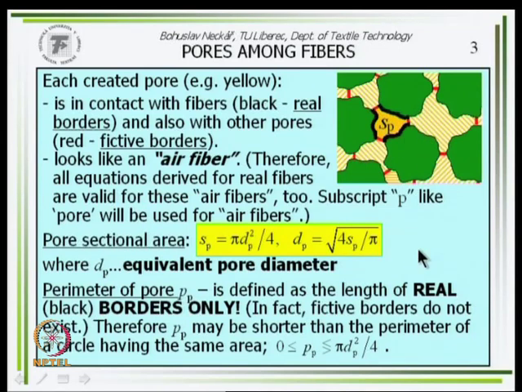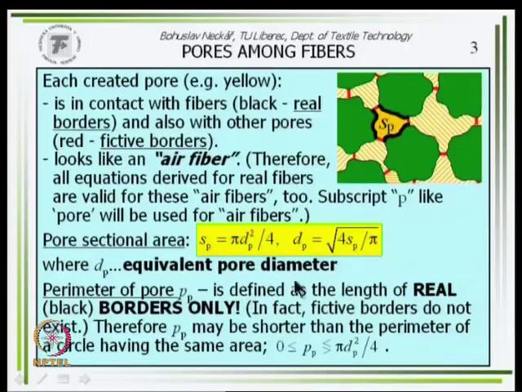Therefore the perimeter length in pore is shorter than the perimeter as this term is defined in traditional geometry, because the red parts are not lengths related to perimeter, because they don't exist.